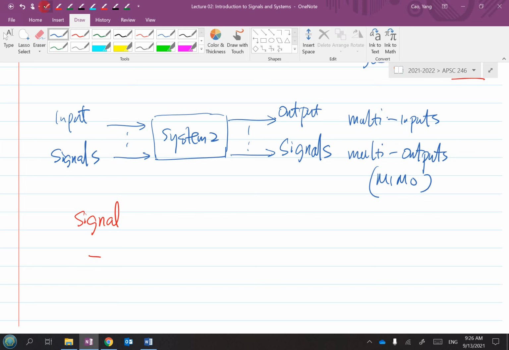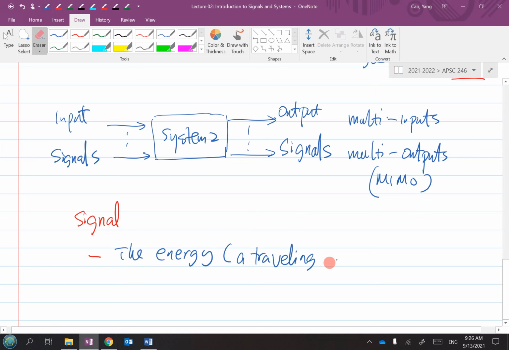When we talk about a signal, my definition would be that it's a type of energy, and sometimes we call it a traveling wave. Most probably a signal is a wave because it has to travel, and it's an electromagnetic wave. The energy is not just random energy.